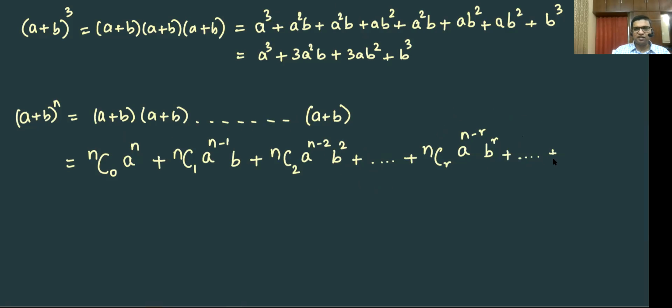Continuing like this, in the last term I select b from all the factors. So this is the binomial theorem for positive integral index. It is closely linked with selection. So nC0, nC1, nCn.